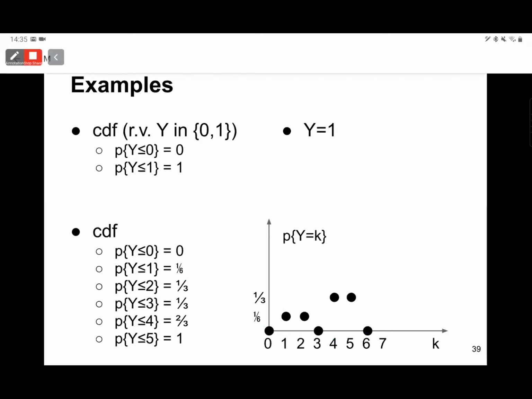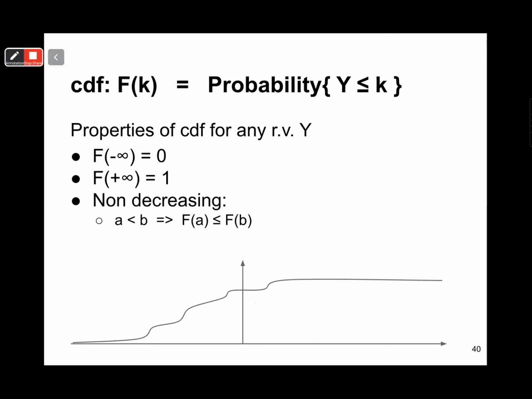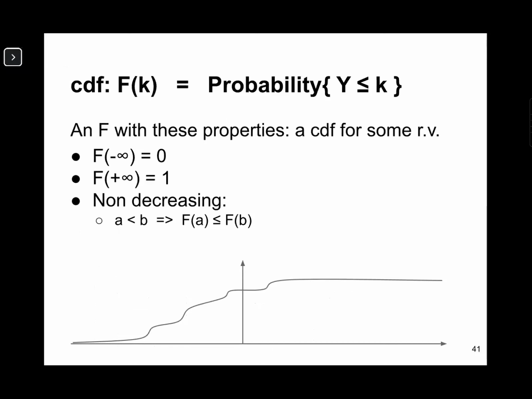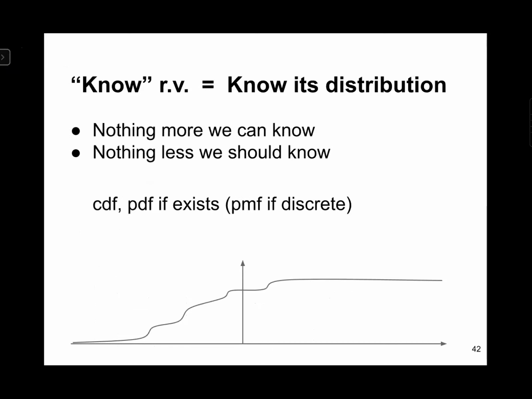Okay, so yes, continuing with distribution functions and probability in general. When we say that we know a random variable, what we really mean is that we know its distribution. We cannot know anything more than that, but there is also nothing else to know about a random variable.